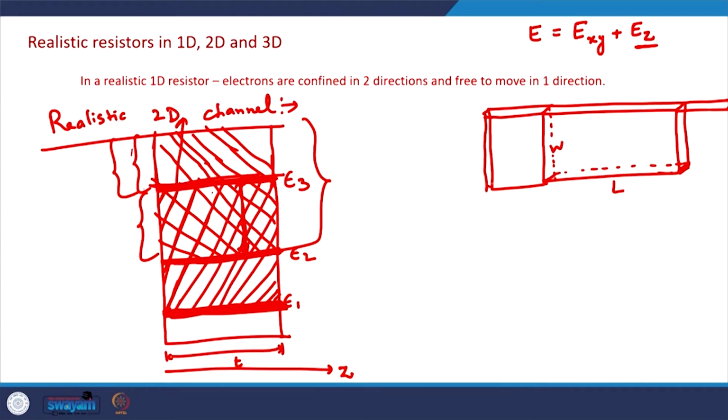So we are putting contacts on this device. This is the source contact, this is the drain contact.